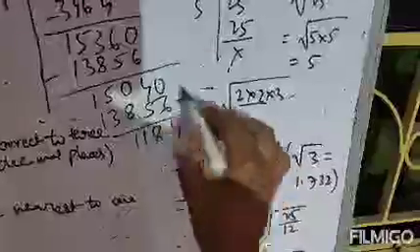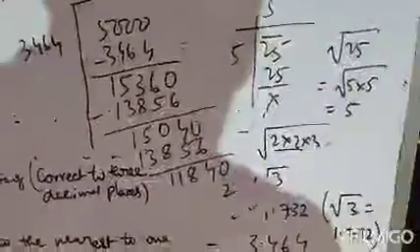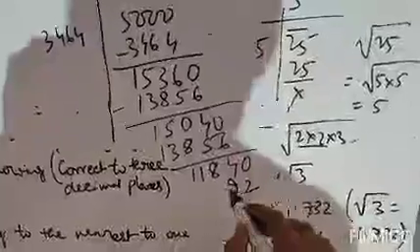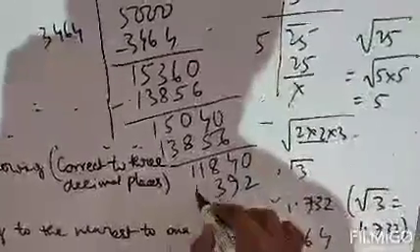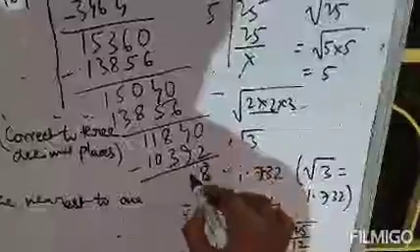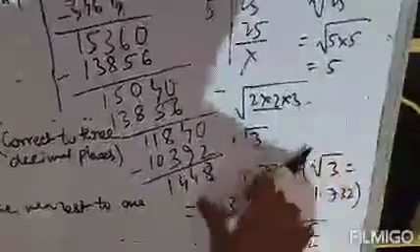First decimal again we have 0. Now do it by 3. That means 3 4s are 12. Subtract. 1448.